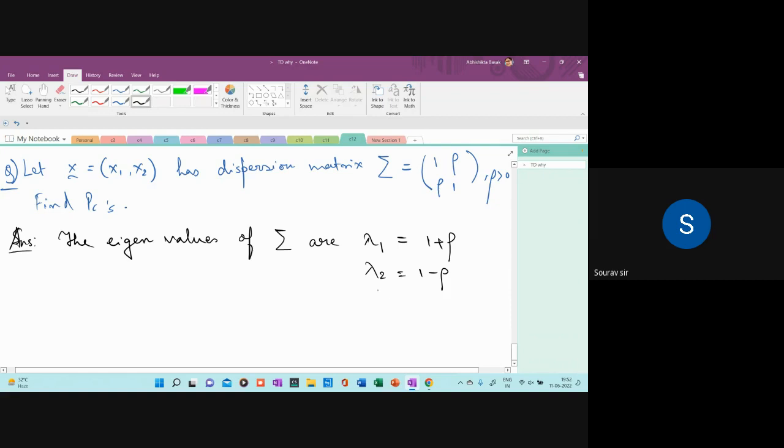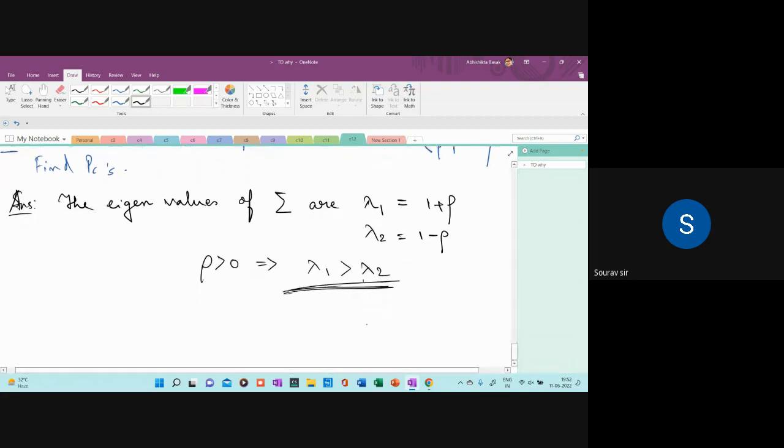So obviously rho greater than 0 implies that lambda 1 is greater than lambda 2. This is the order of the eigenvalues. And we need to find the corresponding eigenvectors. I have already done this, and I am just sharing the result with you.